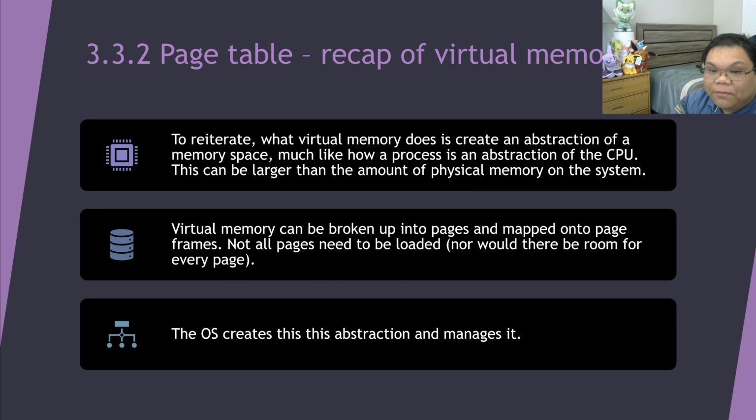There's not enough room to load every page, but that is okay. A process simply accesses a small handful of frequently accessed pages, so we can get away with not having to load the whole process at once. And it is the responsibility of the operating system to create and manage this abstraction here.